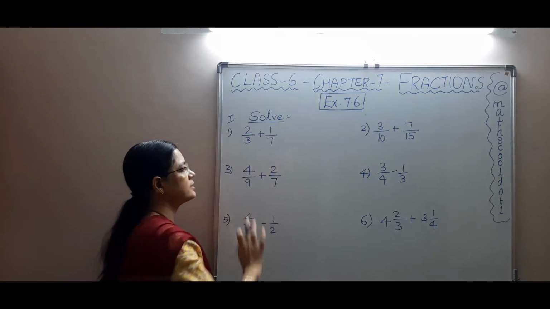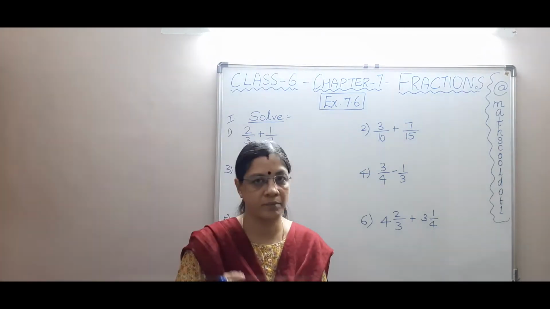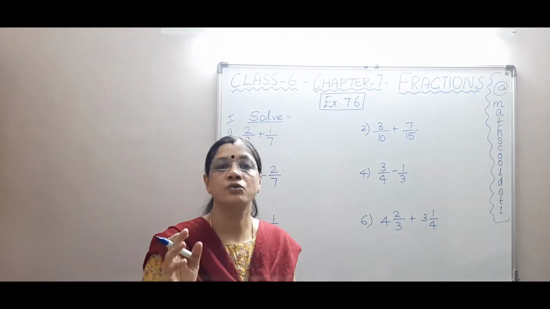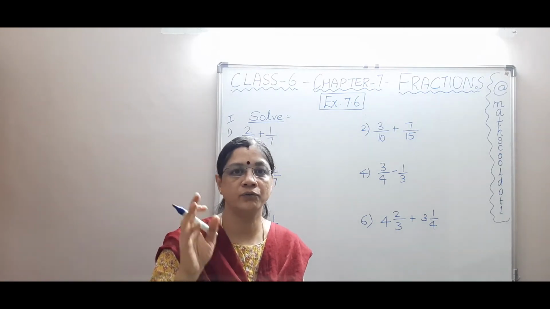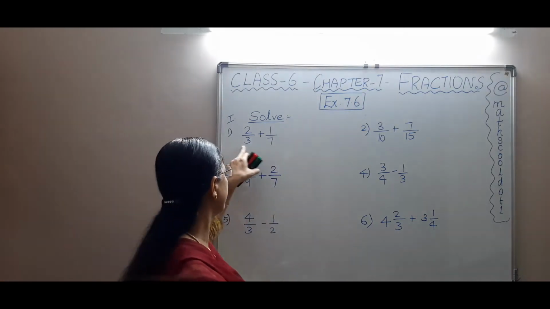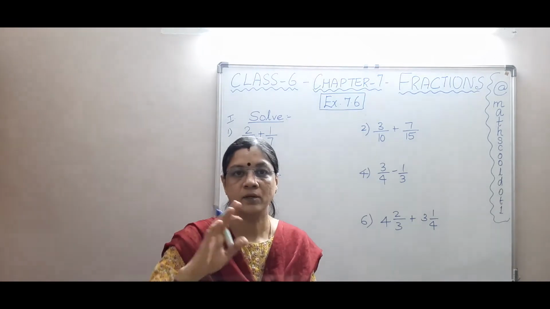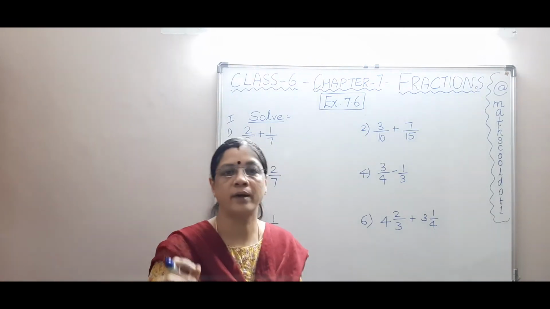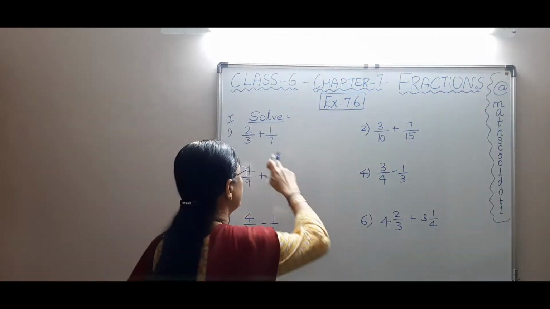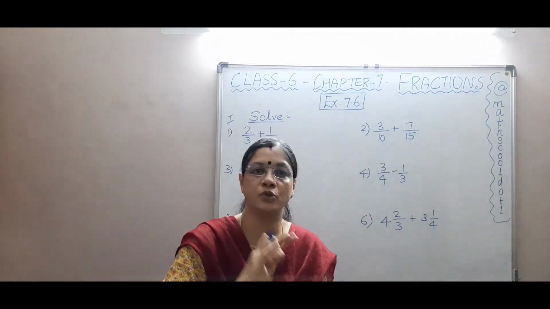The denominators are 3 and 7, and their LCM is 21, isn't it? If you find it difficult to find the LCM, you just multiply the denominators. So 3 into 7 will be 21, and you have to make each fraction's denominator 21.